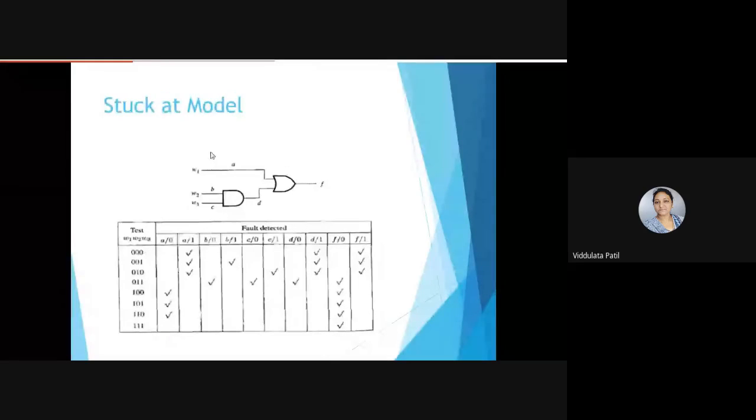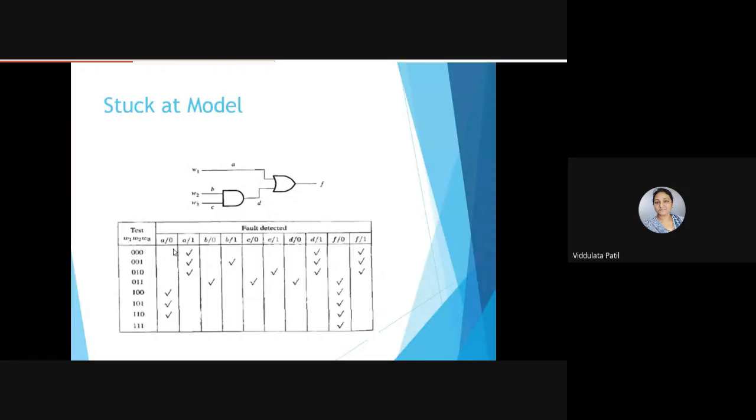But if the D wire is stuck at 1, what output will I get? We will get 1. Okay. Now, if this wire is stuck at 1, then also I will get an output of 1, which is the wrong result. That means in these three cases, I am going to get a wrong output.